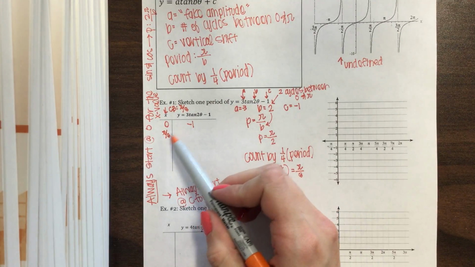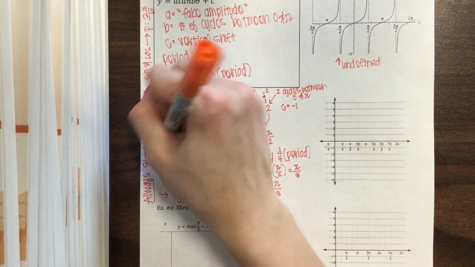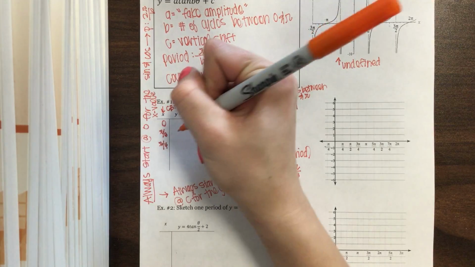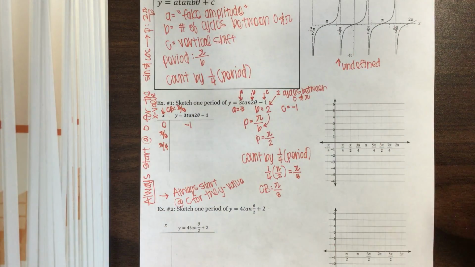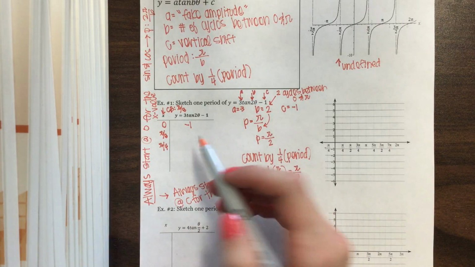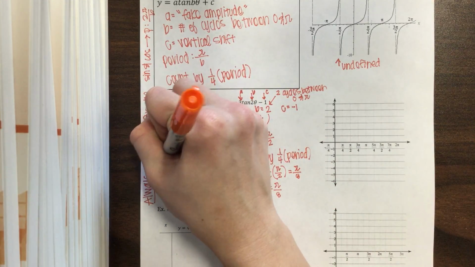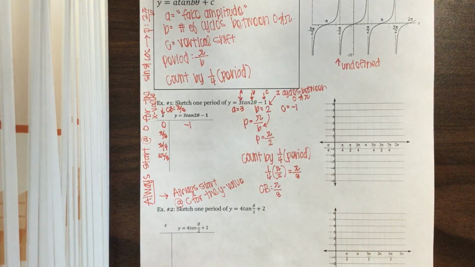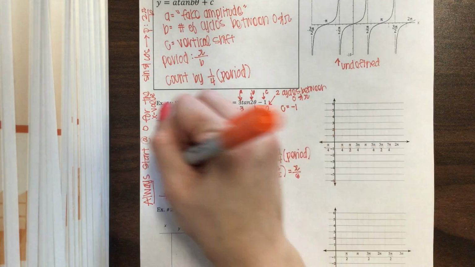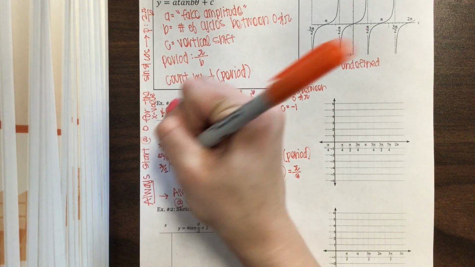And then pi over 8 plus pi over 8 is pi over 4, because 1/8 plus 1/8 is 1/4. Okay, then if we add pi over 8 again, that's 3 pi over 8. And then if we add pi over 8 one more time, that's going to be pi over 2.